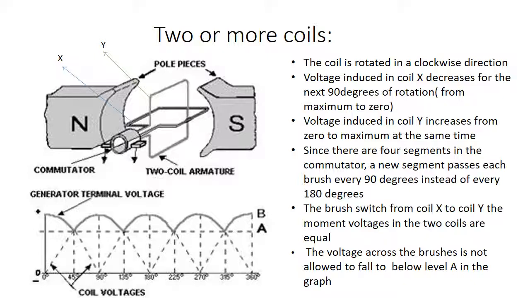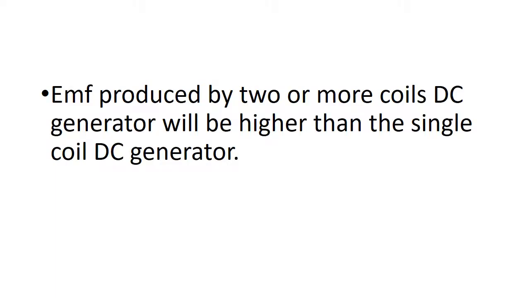Since there are 4 commutator segments and only 2 brushes, the voltage cannot fall any lower than at point A. Therefore, the ripple is limited to rise and fall between point A and point B on the graph. EMF produced by a 2 or more coil DC generator will be higher than the single coil DC generator.